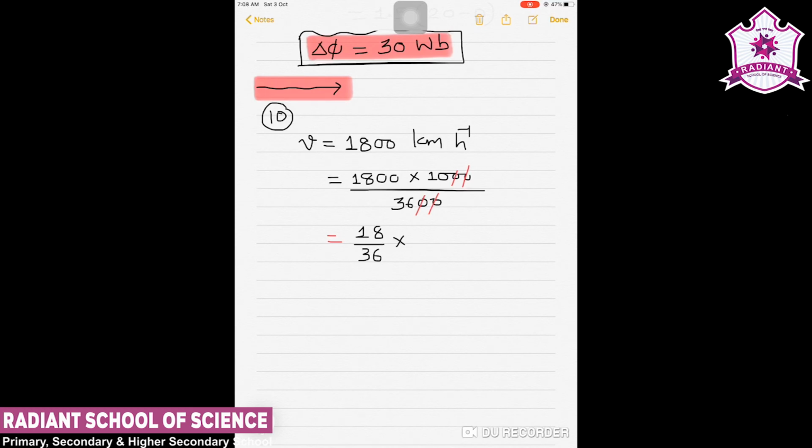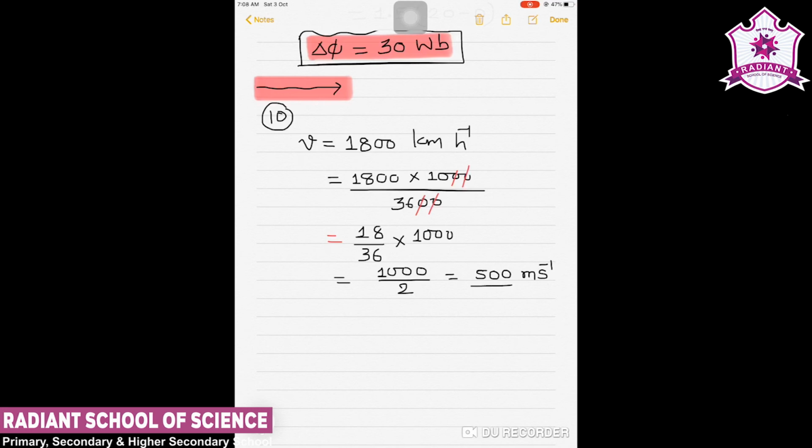Here this will be a multiplication, so this is 1000 divided by 2, that will be 500 meters per second. So here the velocity is obtained, that is 500 meter per second.